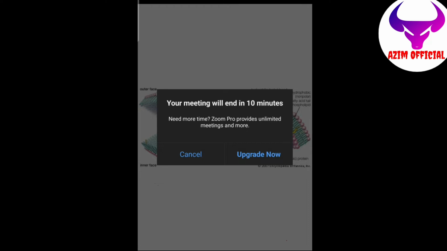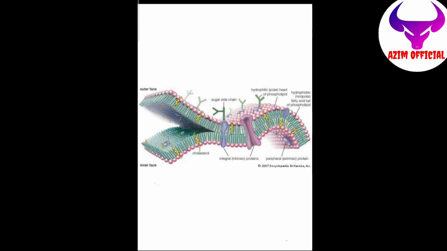Integral proteins also act as a carrier protein, which transports substances in the direction opposite to their electrochemical gradients for diffusion, and they act as enzymes also for catalyzing reactions.